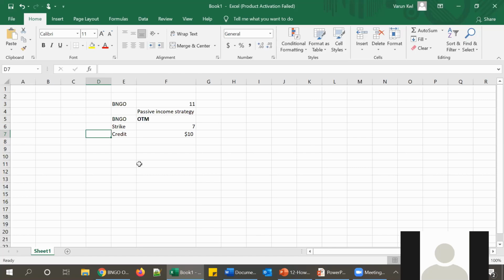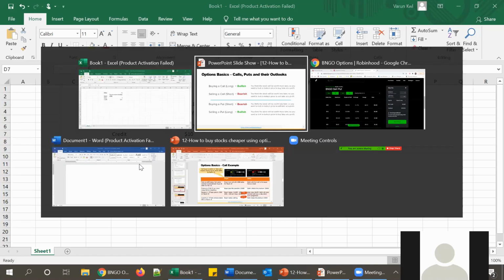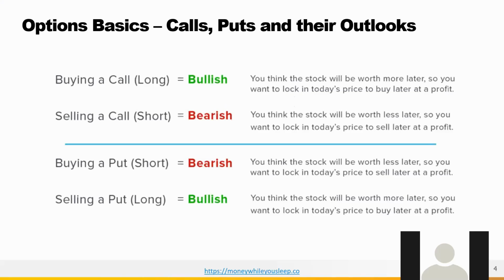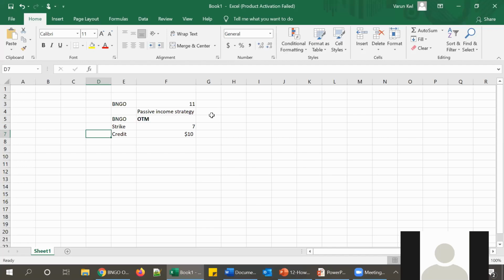Selling a call basically is bearish, is what I saw, right? That really means my outlook is that the stock will be worth less. And that is what we are trying to do in that example of passive income strategy, isn't it? No. Okay, maybe that's where the confusion is.